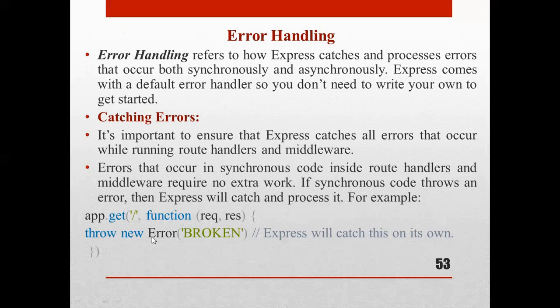Inside the body, throw new Error, with a message in the brackets. Express will catch this error and handle it on its own. This is for a synchronous function. So in a synchronous function, if the code throws an error, Express will catch and process this error, using throw new Error and the message here.